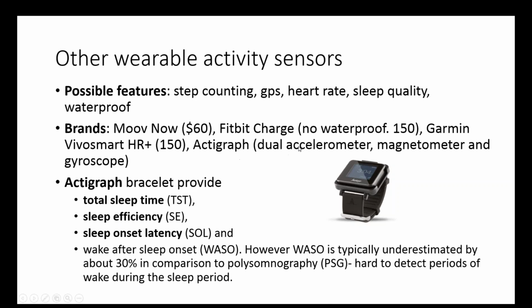And they actually have more sensors, a dual accelerometer, not just one. They have a magnetometer, so you can see if somebody is in bed or upright. And a gyroscope, which also gives you some of the same measurements.